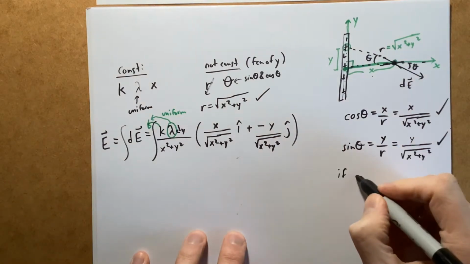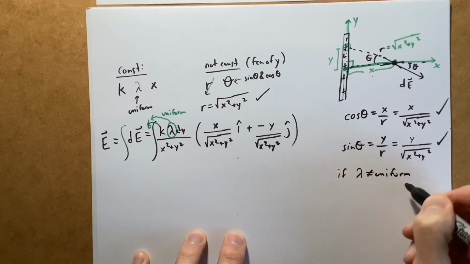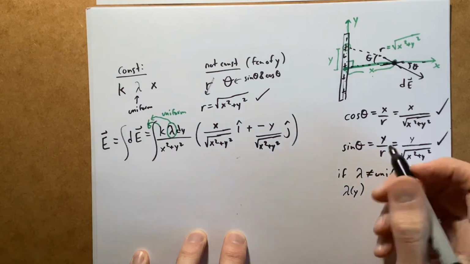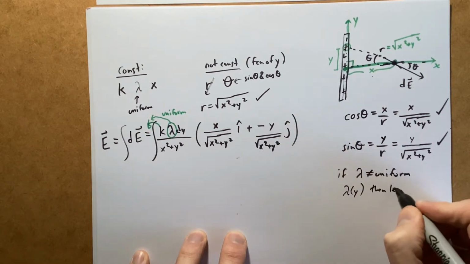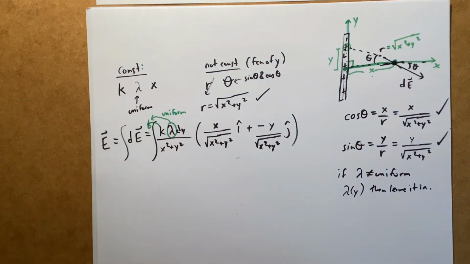So if lambda is not uniform, in other words, if lambda is a function of location on the y-axis, then just leave it in and integrate it along with the other stuff. Presumably you know what that function is. And I'll tell you right now, if I do give you a non-uniform thing, I'm going to give you a function that makes the integration easier, not harder, okay?